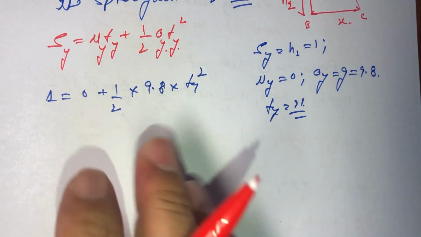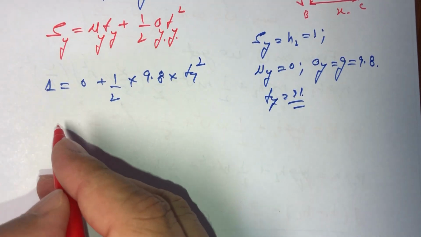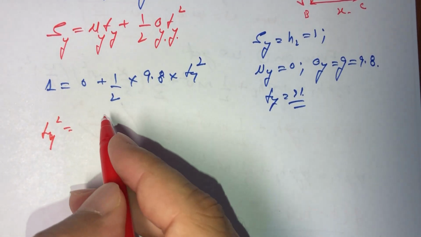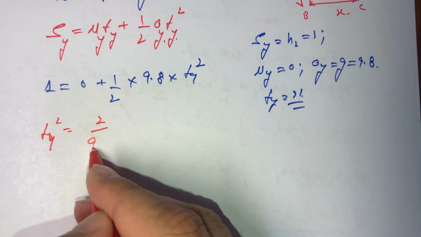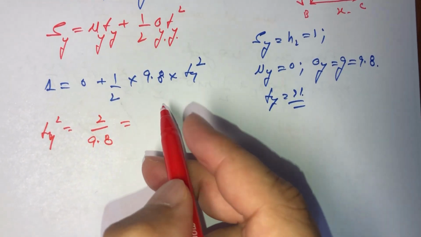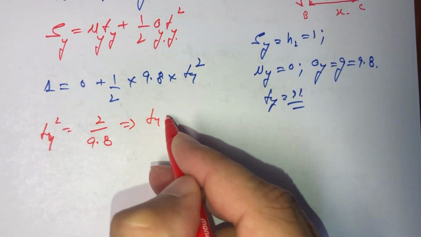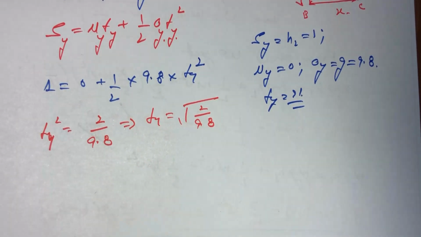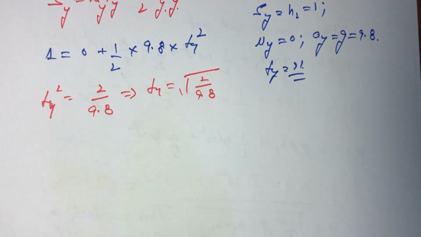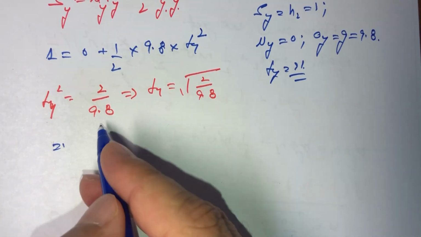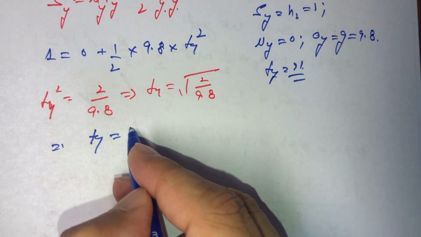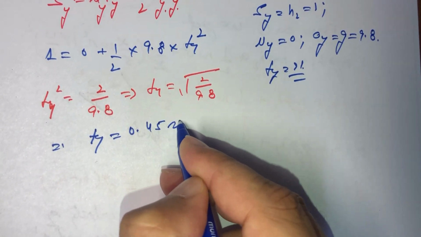So we get here t of y square is equal to 2 upon 9.8, and t of y is the square root of 2 upon 9.8, and we can say that t of y will be coming as 0.45 second.